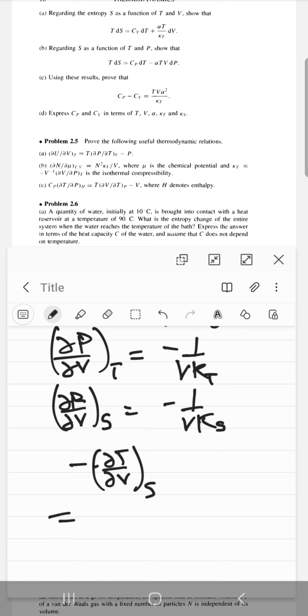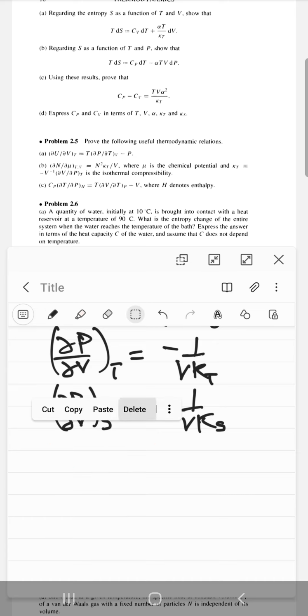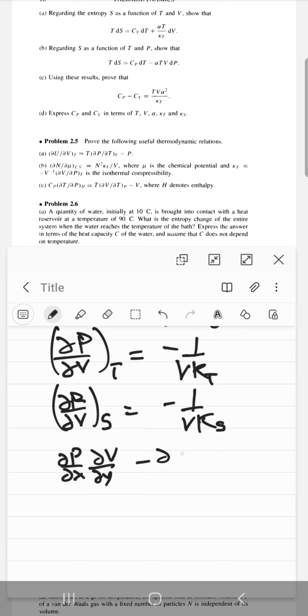This is actually confusing. I should write this down. So partial P by partial X, partial V by partial Y minus partial T by partial X, partial S by partial Y. X is the volume, Y is the entropy, so this term is gone and we can't be dealing with that anymore.